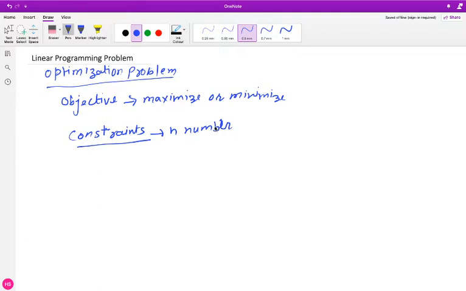So one type of problem that we are going to discuss throughout this course is linear programming problem.